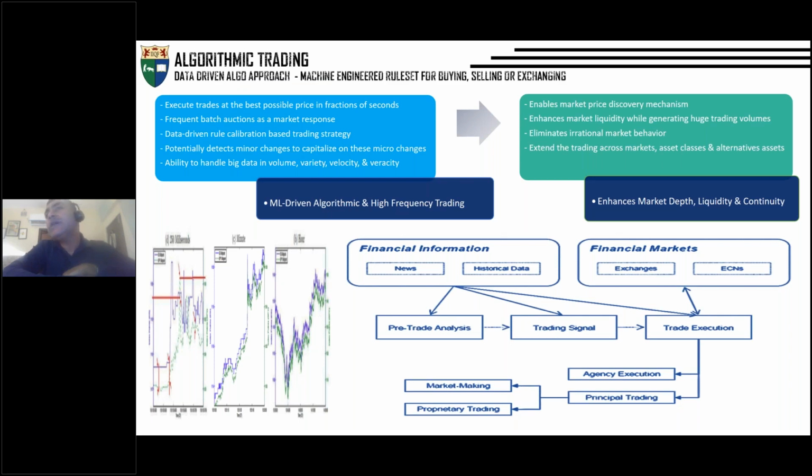But eventually what it would lead to is high volumes and greater liquidity, and even those good stocks or good bonds which were not very much traded previously, or which were sparsely traded, would now be picked up and traded, right? So it would generate volumes, market liquidity, market depth and breadth, right?